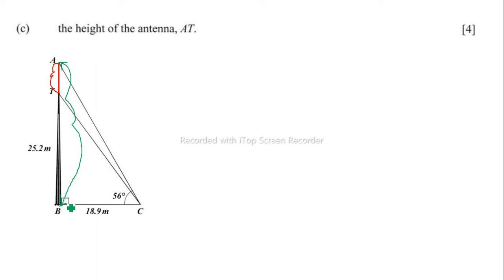If we could find the length of the entire line AB, then all we need to do is subtract it from the 25.2, which is this. Once we subtract it, we'll be left with just the part that we want, the red part. Does that make sense?